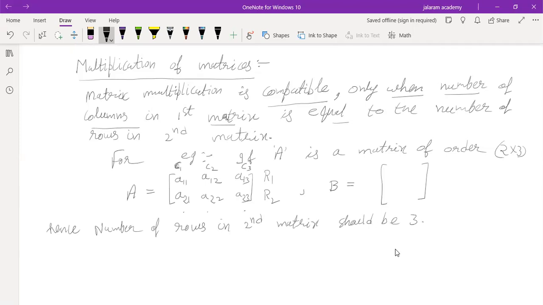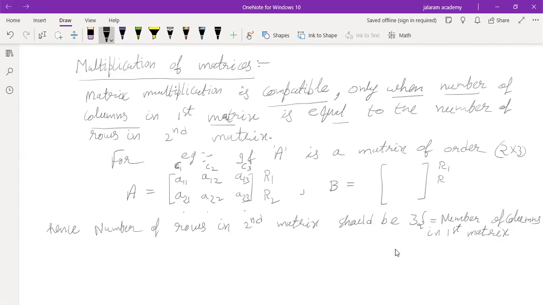Is that clear to you? As the number of columns in first matrix is 3, it must have 3 rows.